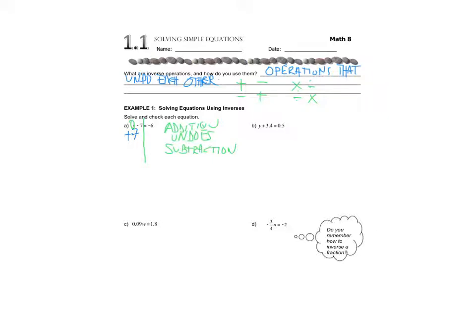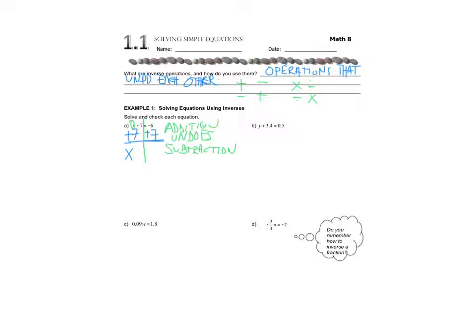Now remember, with any equation, if I want to move something, I have to do the exact same thing to both sides. So if I added 7 to the left side, I also have to add 7 to the right side. Then I'm going to go ahead down here and draw this line and now add. So x is still going to be there. x is going to come down. But then what is negative 7 plus 7?